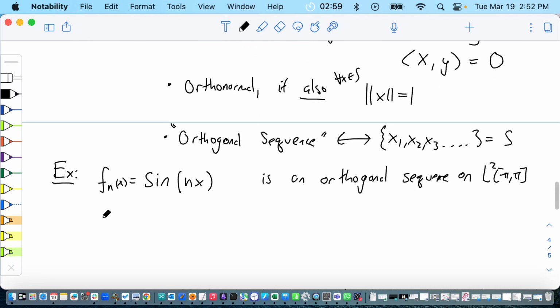And if you wanted to normalize it, you could do gn of x equals 1 over square root of pi times sine of nx. This is orthonormal. You can always normalize things by dividing by their norm. For convenience, we work with orthonormal things. You could always take any orthogonal thing and convert it to an orthonormal thing by dividing by some constant. That would just be one extra step of work.